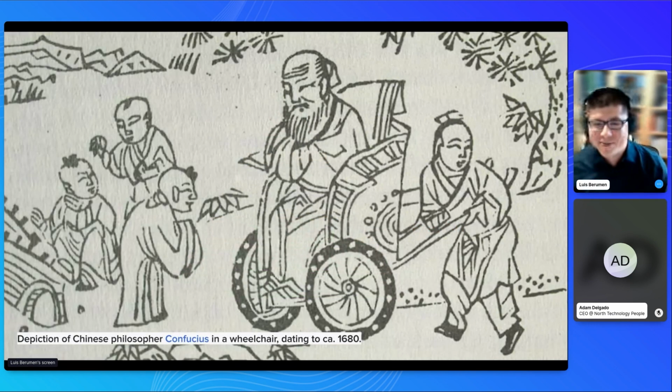Okay, so I really like this image because it not only implies that accessibility methods have been around since early stages. This is an image from the 1600s, but the wheelchair has been around since almost, I don't know, 2,500 years ago.